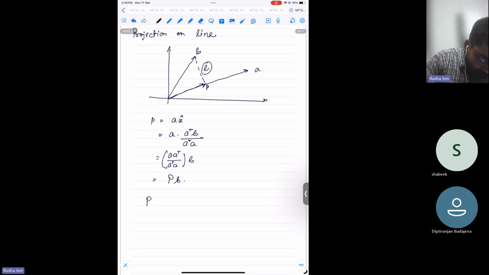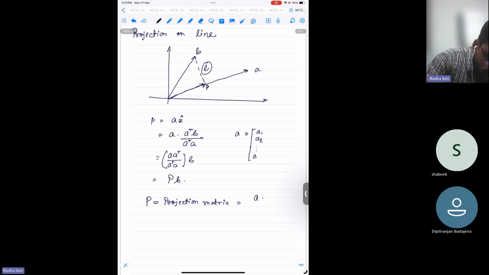So the P matrix, this is basically the projection matrix, which is basically A. So A is something like A1, A2, A3, let's say up to some An.